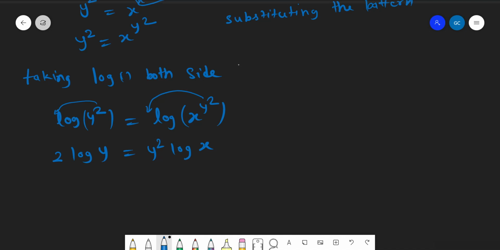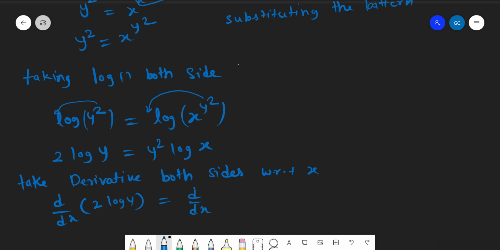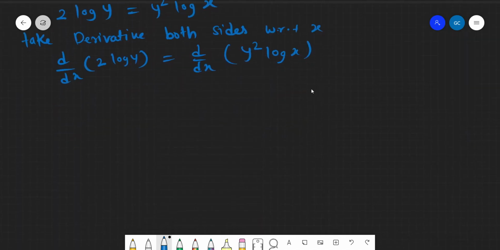Now we have to find dy by dx, so we take the derivative on both sides with respect to x. So d by dx of 2 times log of y is equal to d by dx of y square log of x.